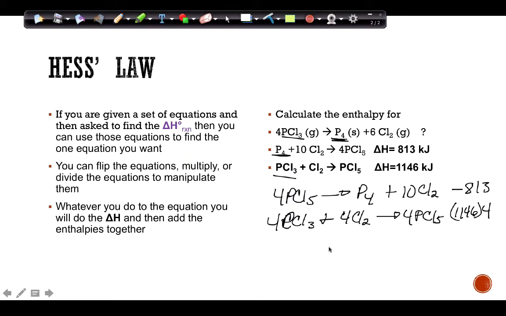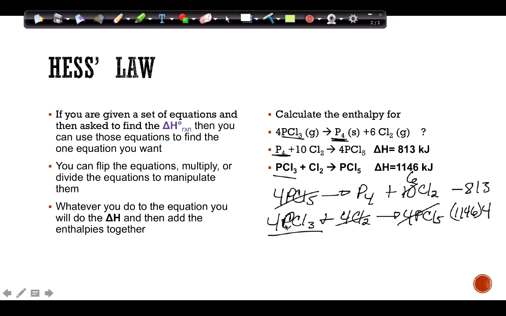Okay, let's make sure that we get the equation we want. So I have 4 of these. Oh, this will cancel. And I will have some of these cancel. So this one will cancel because this one has the least amount. So I take away 4 from here. So I'm left with 6.